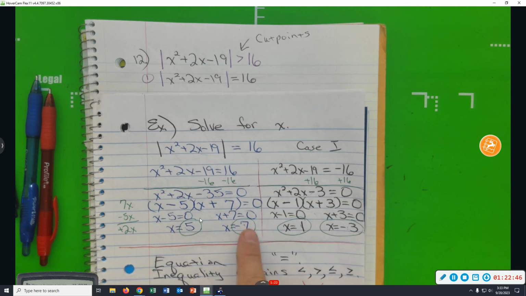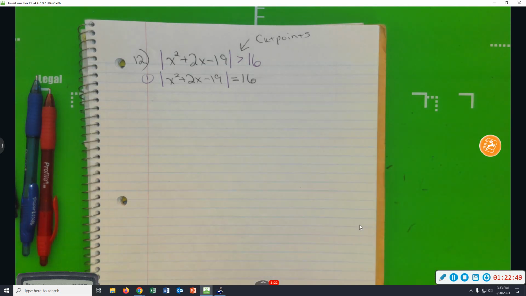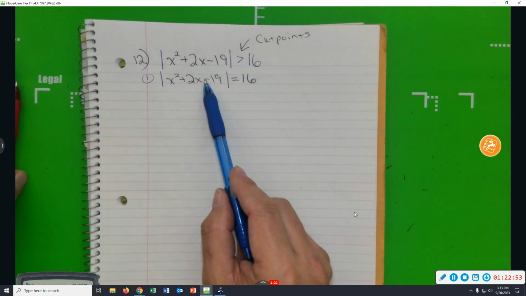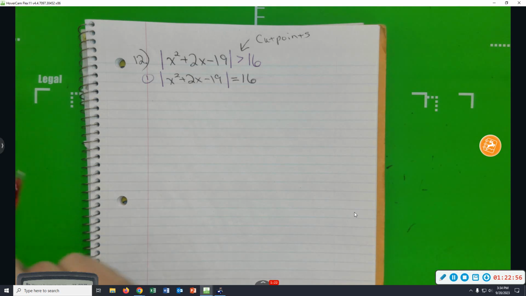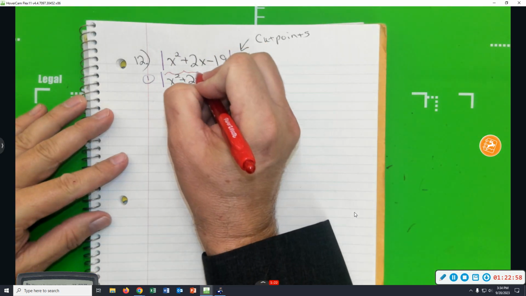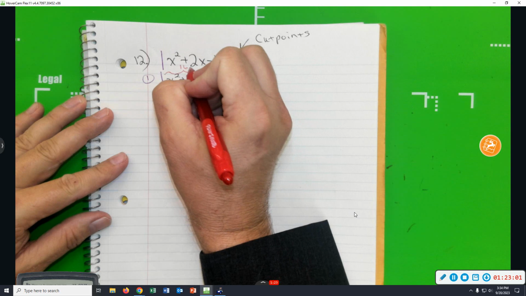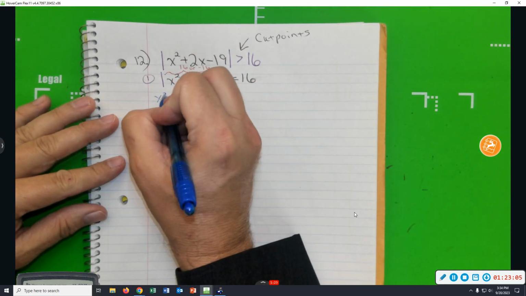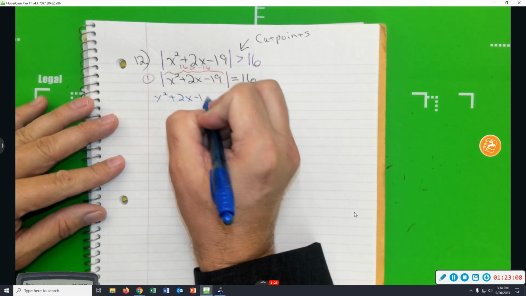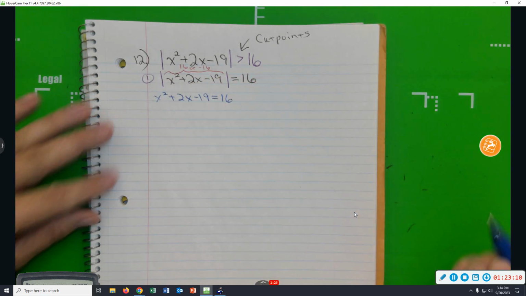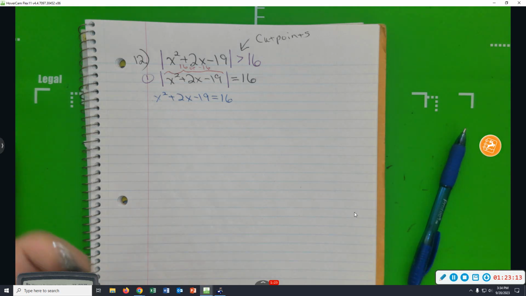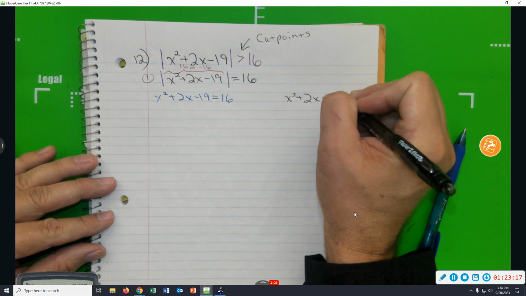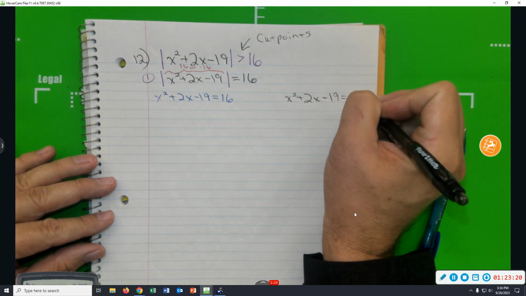So we're going to wind up having 4 cut points. That's okay. We just have an absolute value equaling a positive number, so the stuff inside there will either be positive 16 or negative 16. So we have x squared plus 2x minus 19 equals a positive 16, or x squared plus 2x minus 19 equals a negative 16.